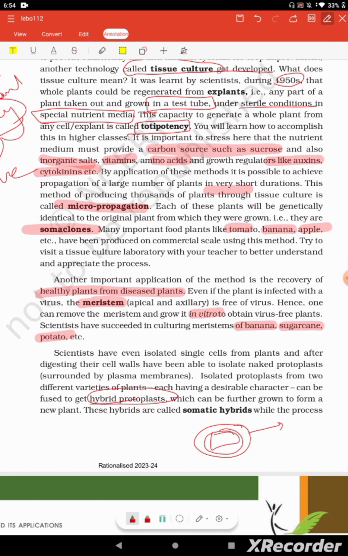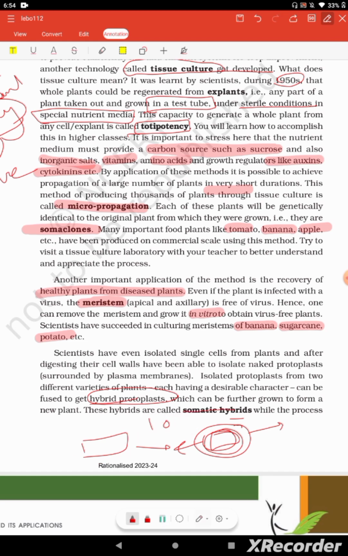So what you are doing is taking two different cells, removing their cell walls, and getting protoplasts having two different types of desired characters from both the species, and you are fusing them in a laboratory. That is known as somatic hybrids. You are making somatic hybrids.